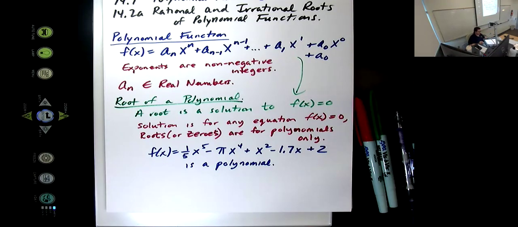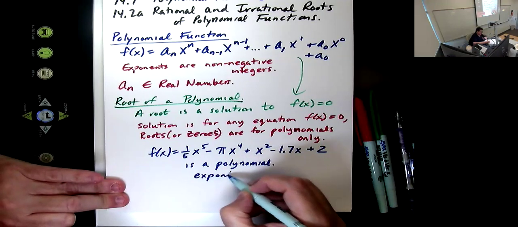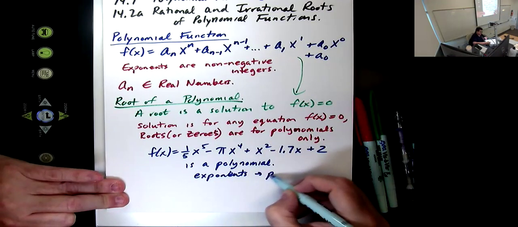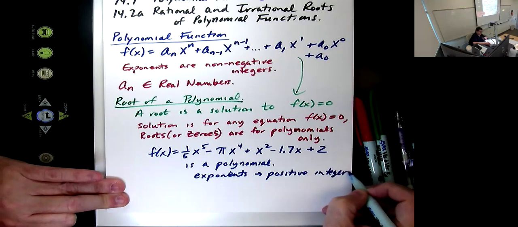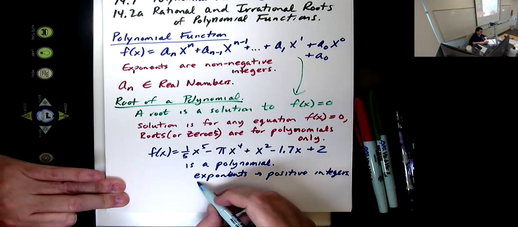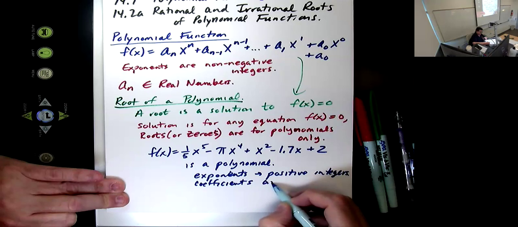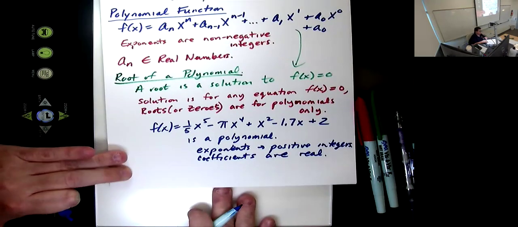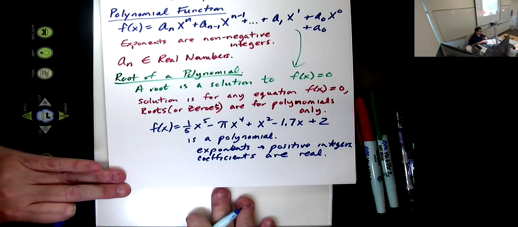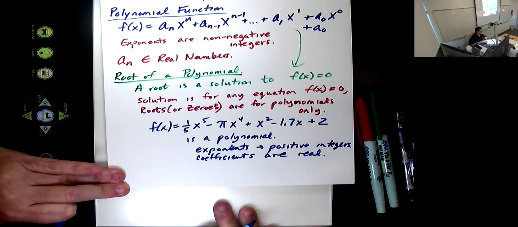But the important thing to know is exponents are positive integers, the ones you see. And the coefficients are real. Negative pi is a real number. It is not a pretty number. In fact, making it negative just turns my stomach a little bit when we talk about pi.